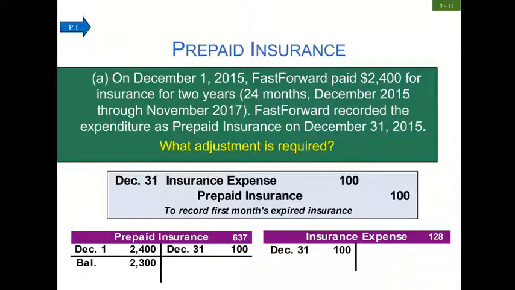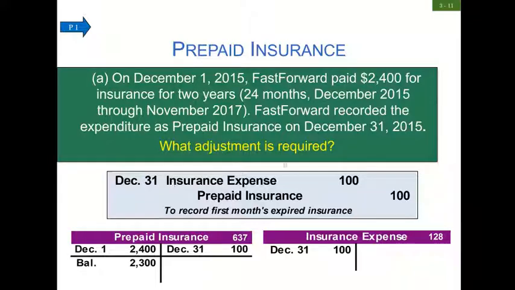At the end of the year, December 31st, 2015, the company used or benefited from the insurance for only 1 month. 1 month is equivalent to 100, because 2,400 is for 24 months, so 2,400 over 24 gives us 100 per month.